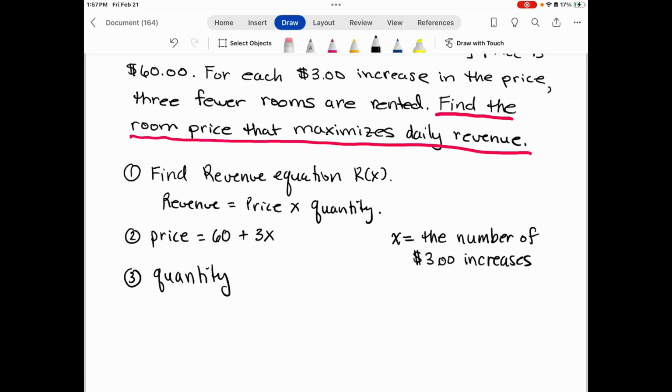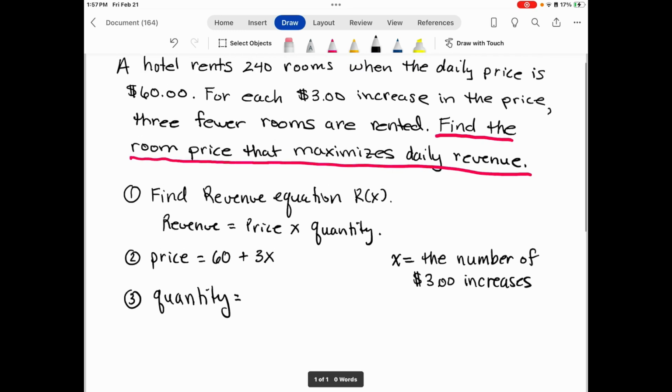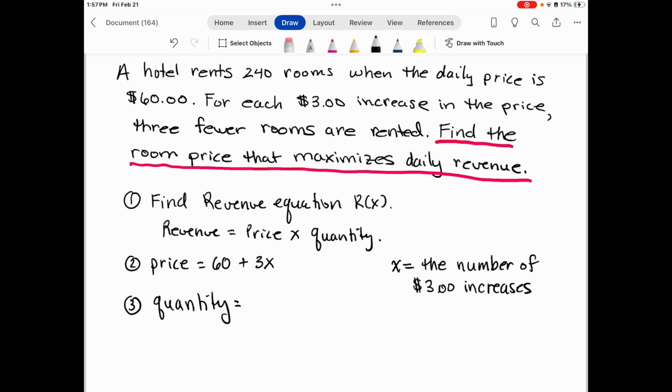Now we're also going to let X here be the number of increases because that's how it is describing the relationship in the question. It says for every $3 increase in the price, there are 3 less rooms rented. So we start with 240 rooms, but every time we do a price increase, which is our X, there are 3 less rooms rented.